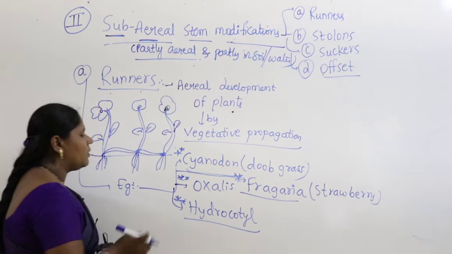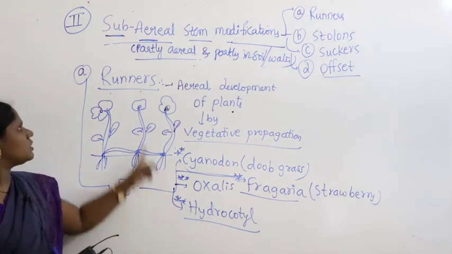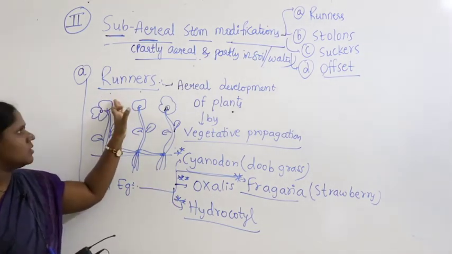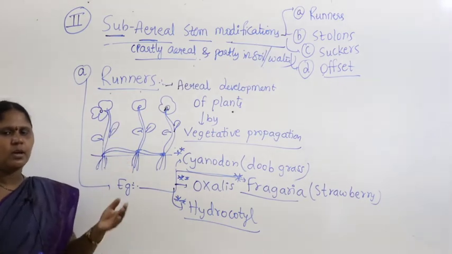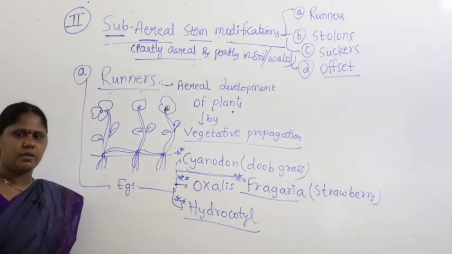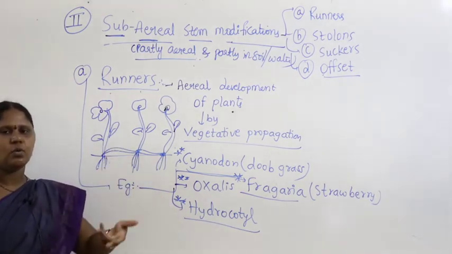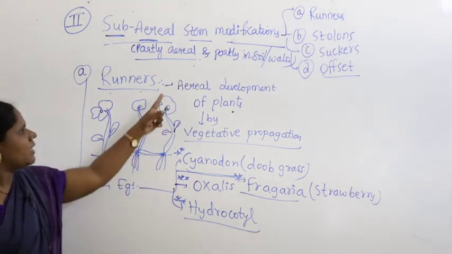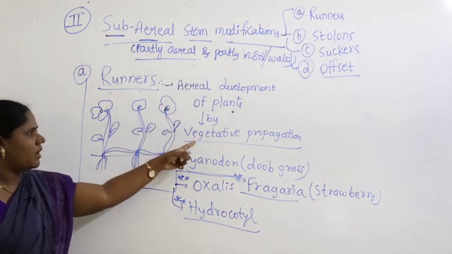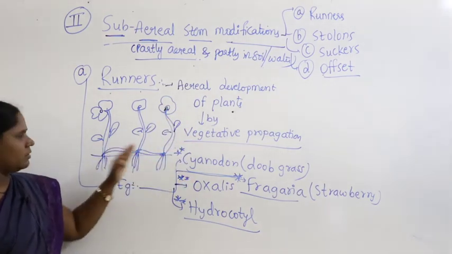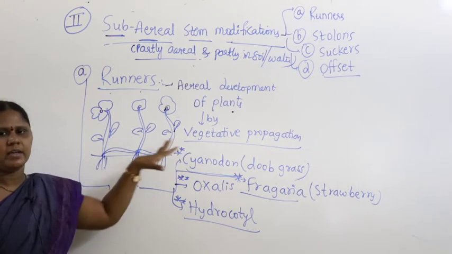So, these are nothing but the plants generally called runners. I hope you know it very well. If you observe your surrounding environment, they creep on the soil and give rise to new plants. So, aerial development of the plants by vegetative propagation, they run and spread in all directions.